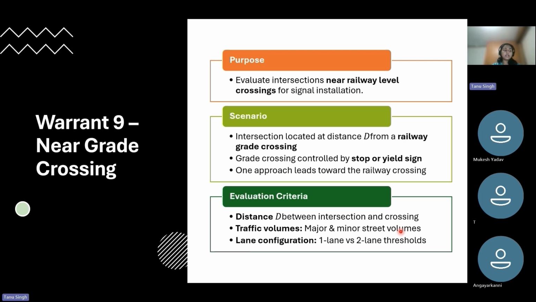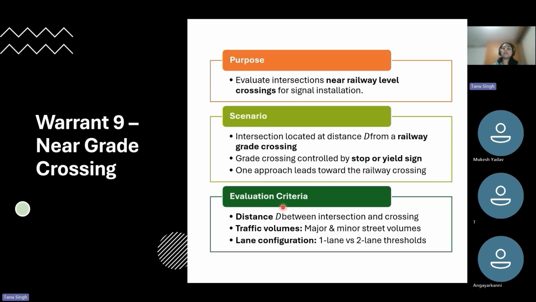Warrant 9 deals with intersections near a railway crossing. Here the scenario is that an intersection at distance D from a railway grade crossing is present, the grade crossing is controlled by a stop or yield sign, and one approach leads towards the railway crossing.